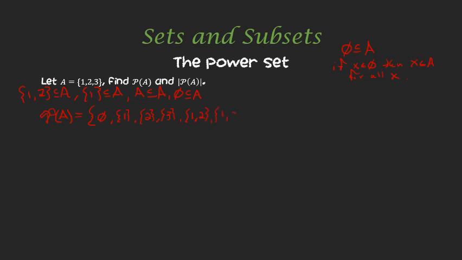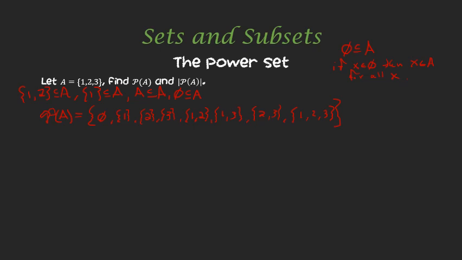The set containing 1 and 3. Set containing 2 and 3. And the set itself, 1, 2, and 3. Instead of saying A, I'll write it out by listing. And so that's what the power set is. Every element is a set, specifically a subset of A.